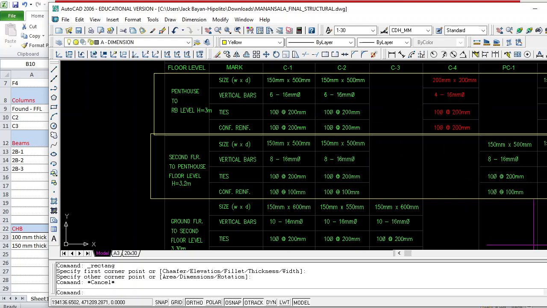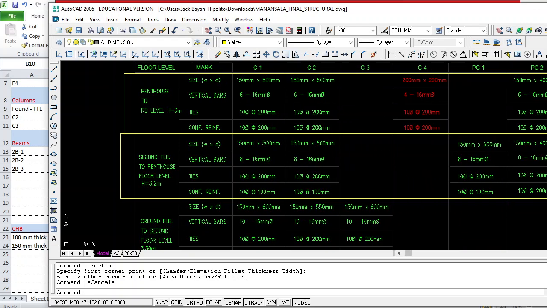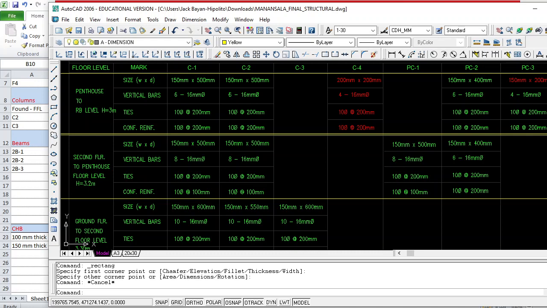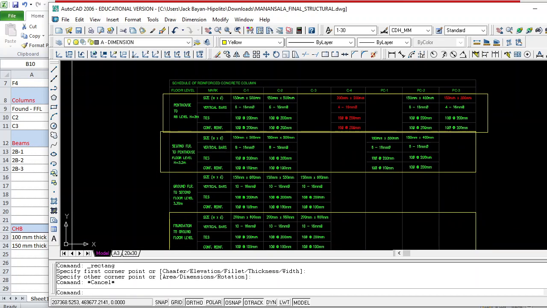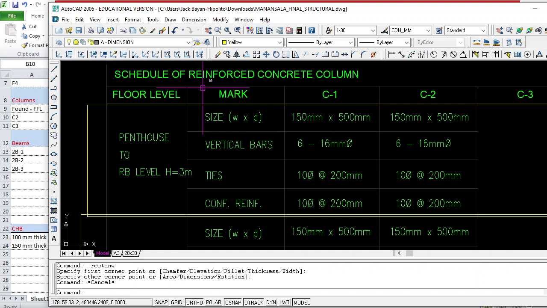Meron ring C3, may C4, may PC2, merong PC3. Okay, para hindi na lang tayo magkagulo, instead of considering lahat ng columns na yan, for penthouse, you may use itong column lang na to.